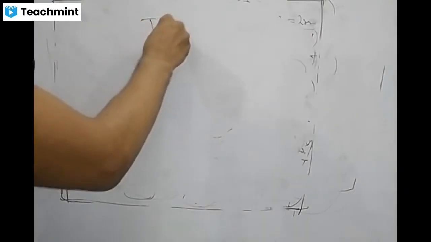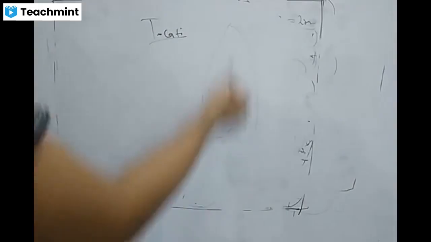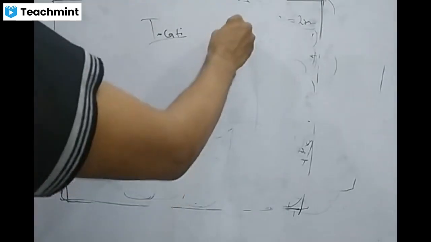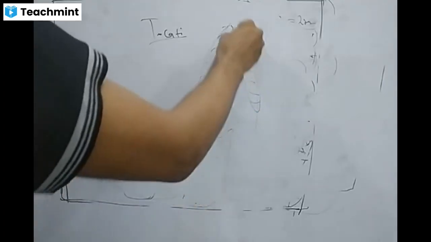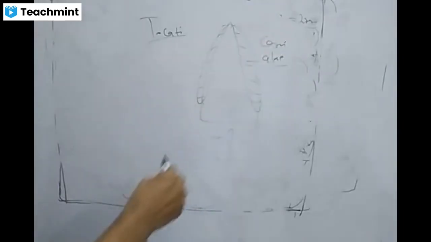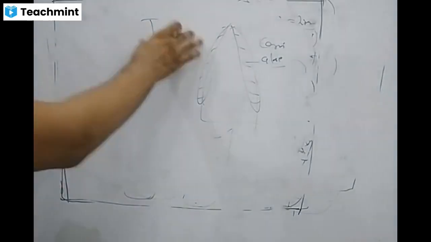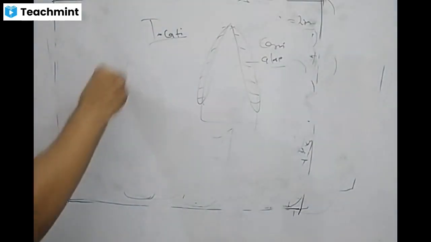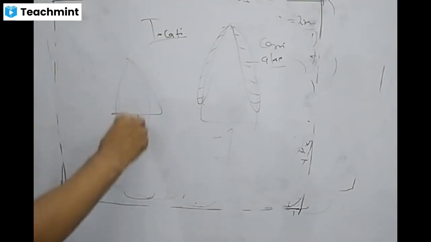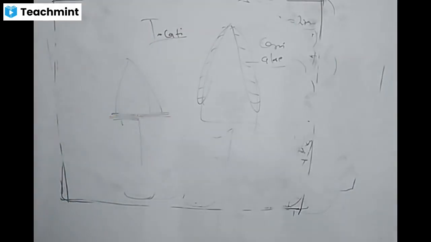If you look at the structure of T. canis, they are arrow-headed worms. Why are they arrow-headed? There is one structure, cervical alae, A-L-A-E. We call them cervical alae because they are arrow-headed. In the case of T. cati, these alae are perpendicular to the body.